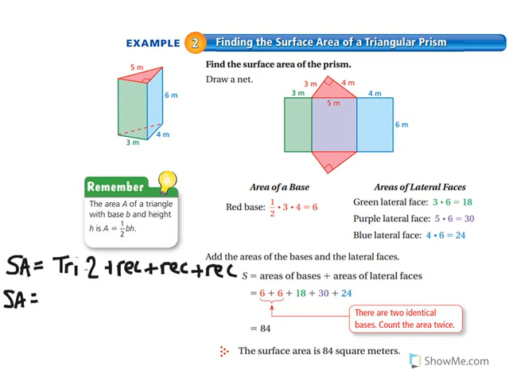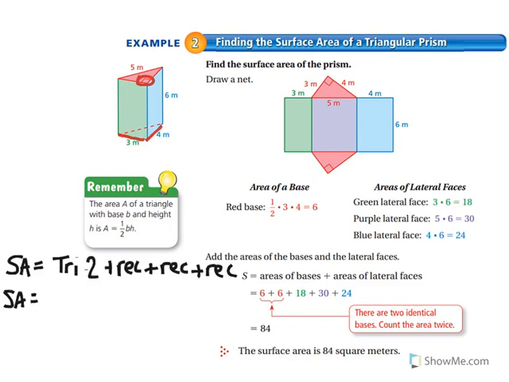Okay. So for the triangle, my bases, I'm going to use red for that. You'll see the right angle is right up here. I need that to show me what the base and the height are. So I'm using these 2 numbers right here, 3 times 4.